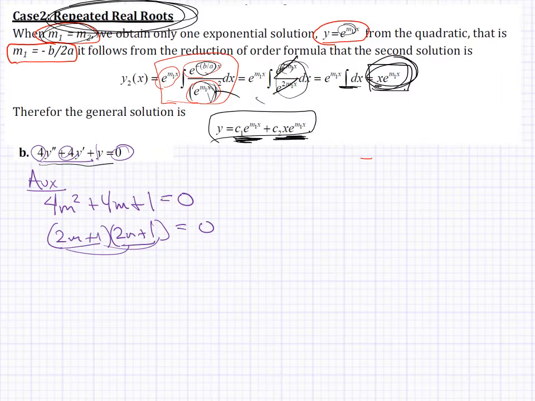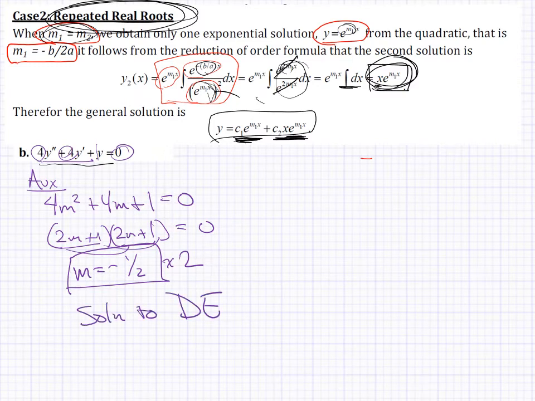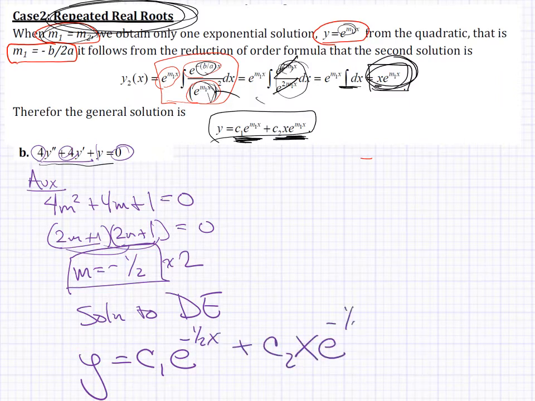Notice the factors are the same, so what do we get? We get a repeated real solution, that m equals negative a half. And that's going to occur twice, right? 2 times. So repeated real. Repeated real states that the solution to the differential equation is y equals c1 e to the negative 1/2 x, because that was the first solution, plus c2 x e to the negative 1/2 x.